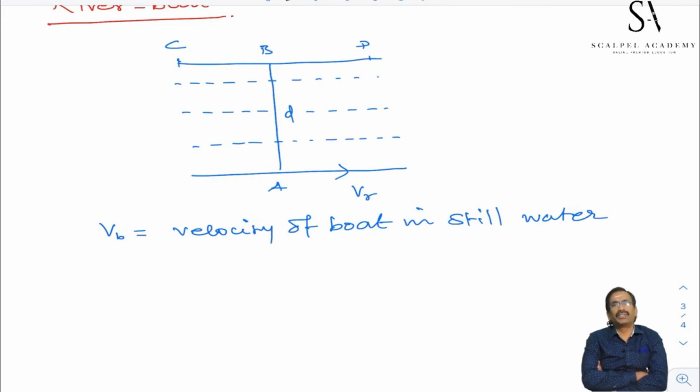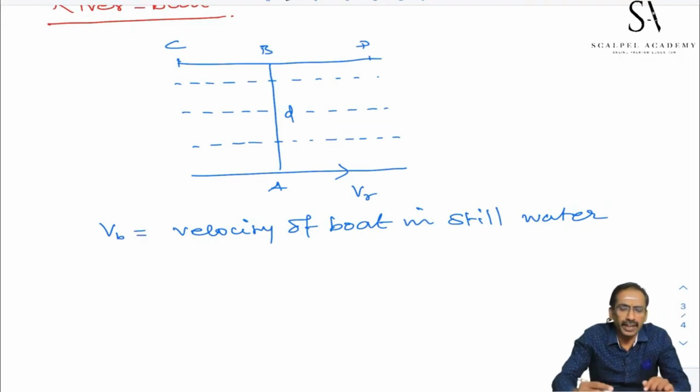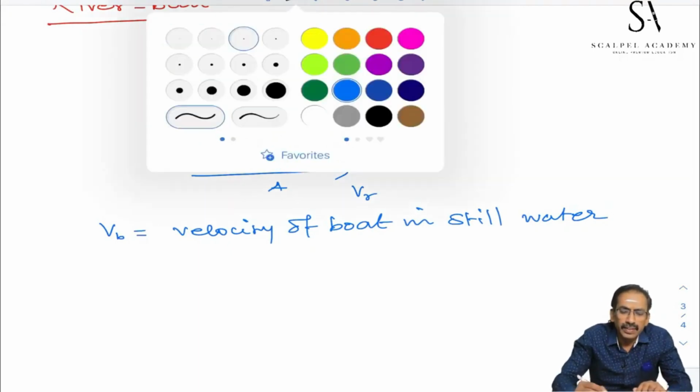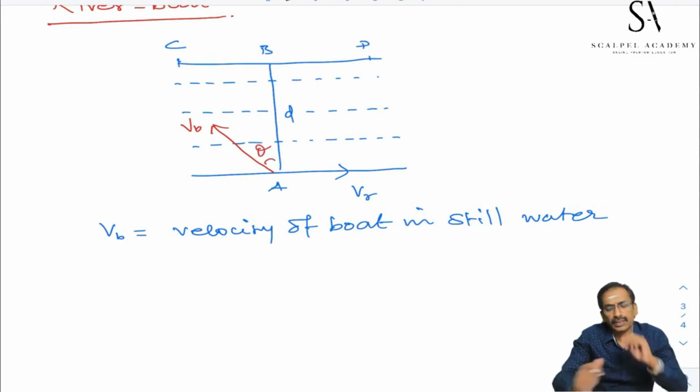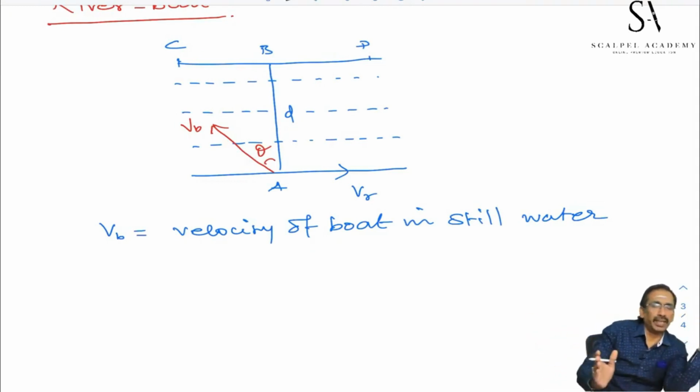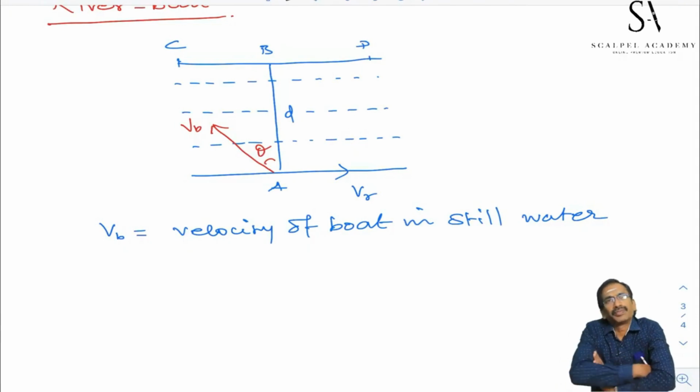Okay, first of all, let us take a general case. The boat is rowed at an angle theta with the vertical in the upstream, not downstream, direction.